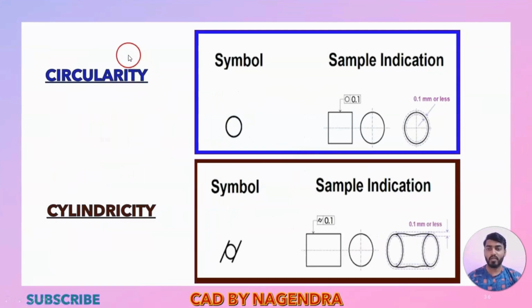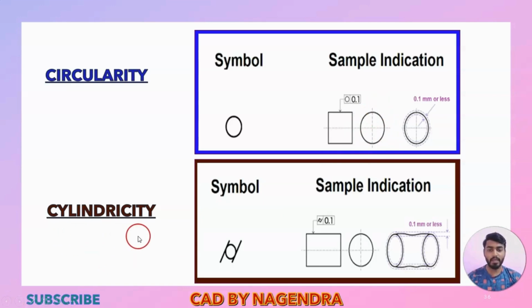Then next we can go with circularity. Circularity is particularly for cylindrical objects only. At a particular point, everything should be a proper round circle, and we can check whether it is a polygon shape by using circularity. If you mention circularity, the entire thing should be circular only, with no deviation in the circular direction.